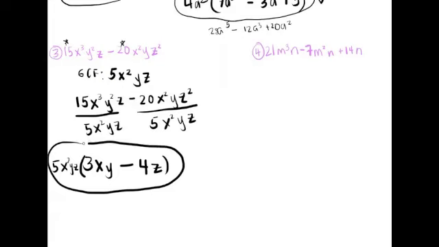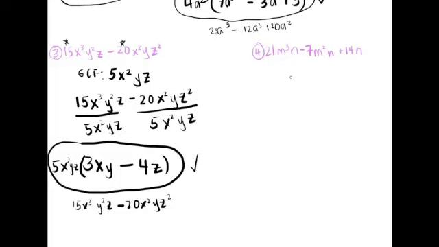And there we go. Okay, so let's check. So if I distribute that in, I get 15x to the 3rd y squared z minus 20x squared y z squared. And go and check, and they both match up, so this is a good answer.